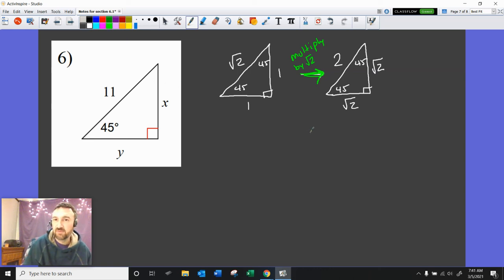And if I want to take it one more step here, I have to think like 2 multiplied by something is 11. Well, that something is 5.5, or 11 halves.